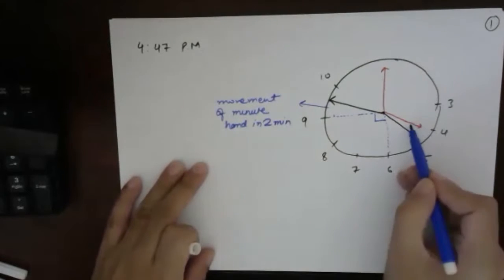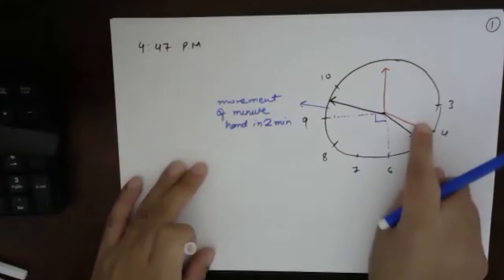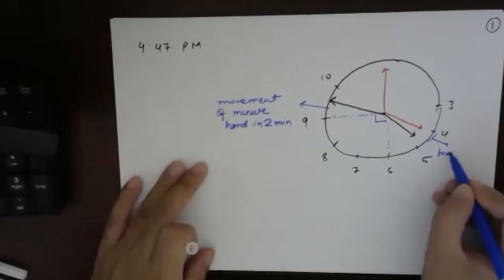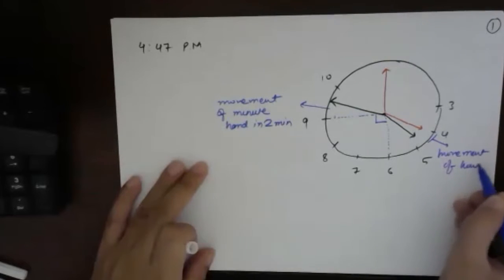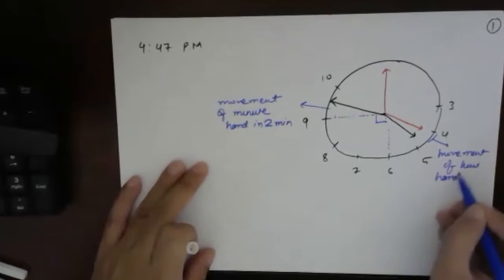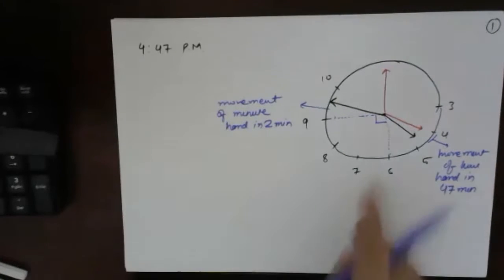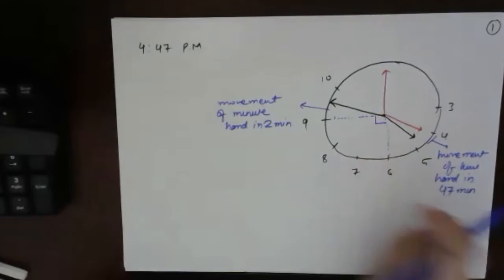And from here to here, the hour hand has moved in 47 minutes. This is the movement of the hour hand in 47 minutes. So we can find this angle and this angle, and then we can find the total.